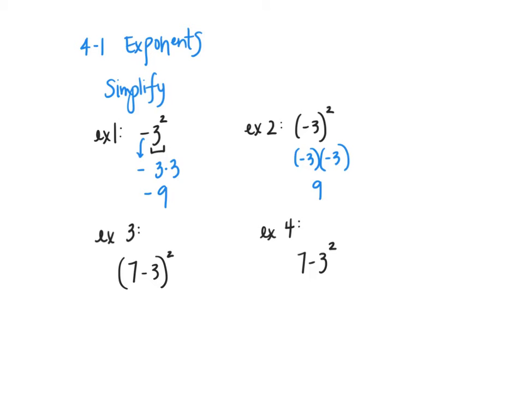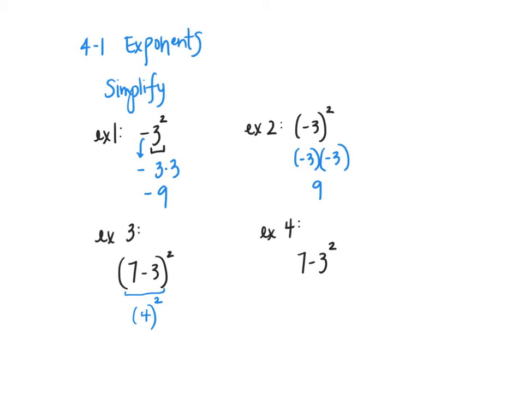And so in example 3, I would just encourage you, don't forget things that you already know. We've been learning from a pretty young age that we always do our parentheses first. So in this case, our parentheses need simplified. So what is 7 minus 3? It's 4.